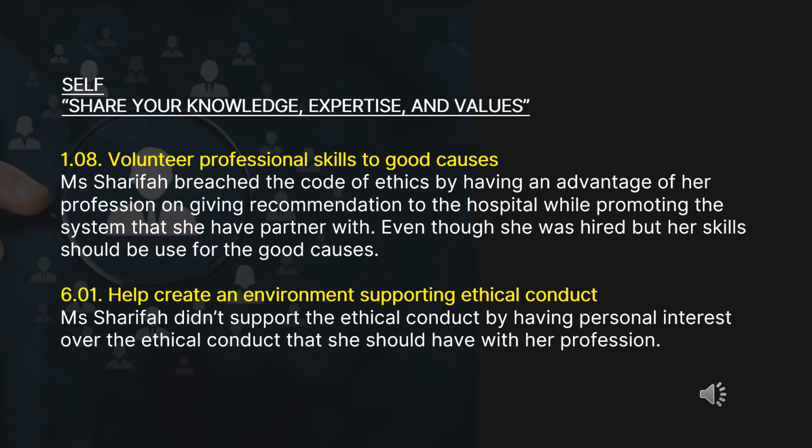Even though she was hired, her skills should be used for good causes. Next, clause 6.01, help create an environment supporting ethical conduct. Ms. Sharifah didn't support ethical conduct by having personal interest over the ethical conduct that she should have with her profession.